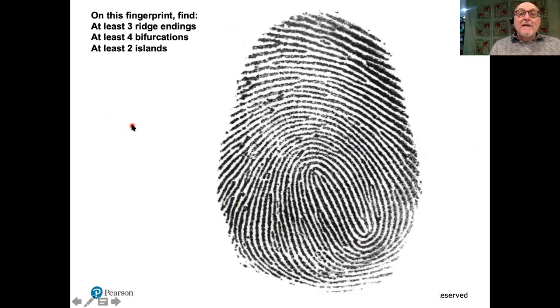Find 3 ridge endings, find 4 bifurcations, and see if you can find at least 2 little islands, ridges that are just sitting there all on their own. Remembering that the dark lines here indicate the ridges. This is a print which has been taken by rolling ink over the finger and then pressing it to a surface like paper.